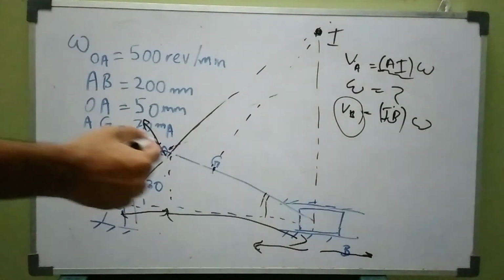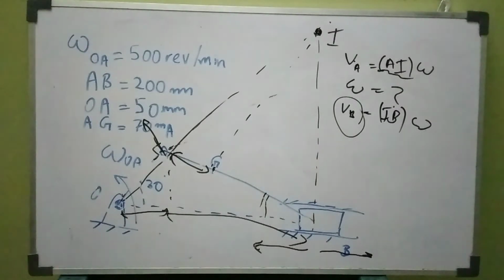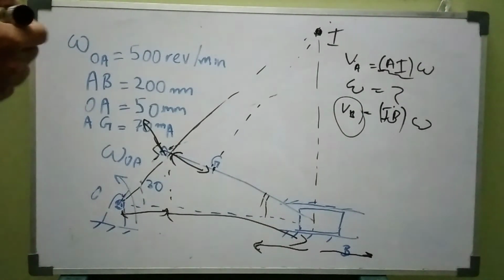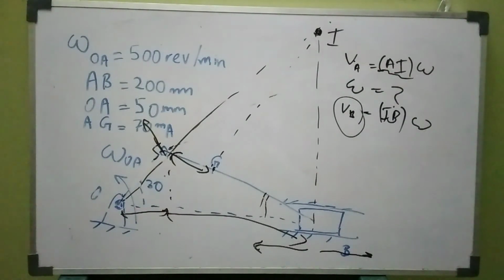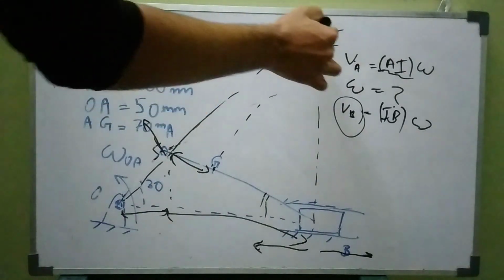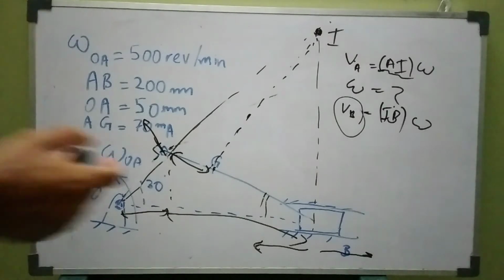As we all know, this would be 70 millimeter. For that, we need to know the distance of IG. How are we going to find that? This would be 70.